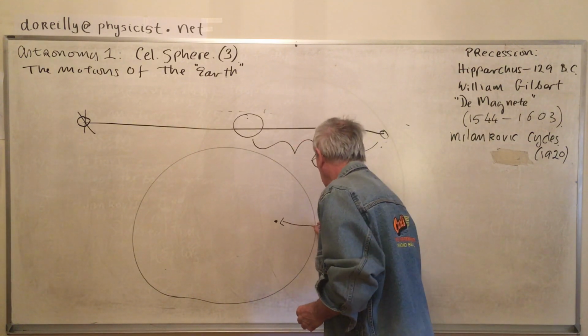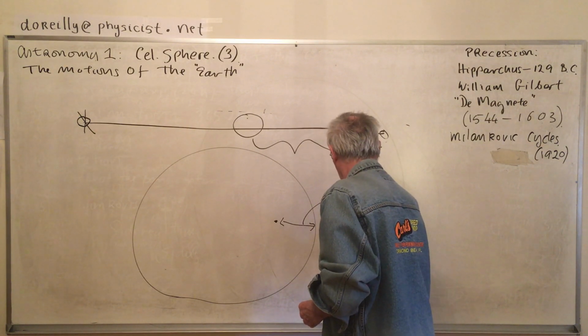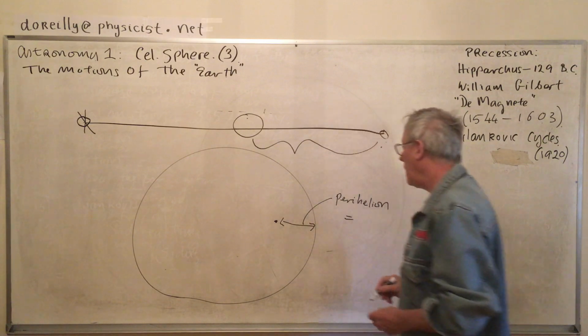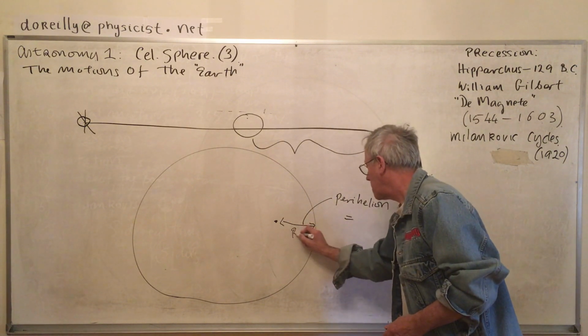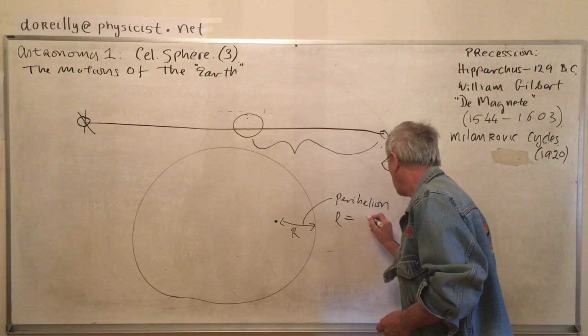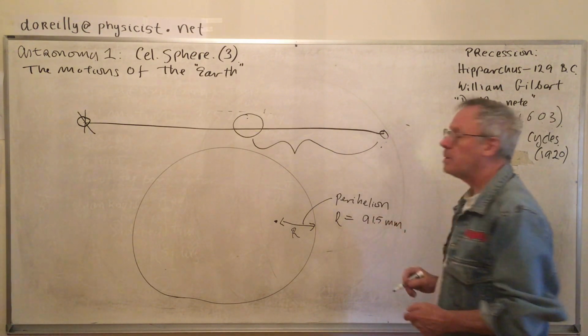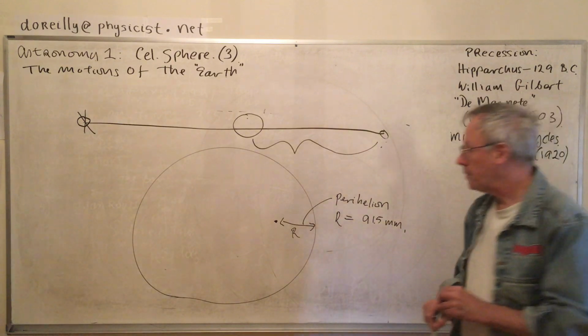So at perihelion, the orbital radius is approximately 91.5 million miles.